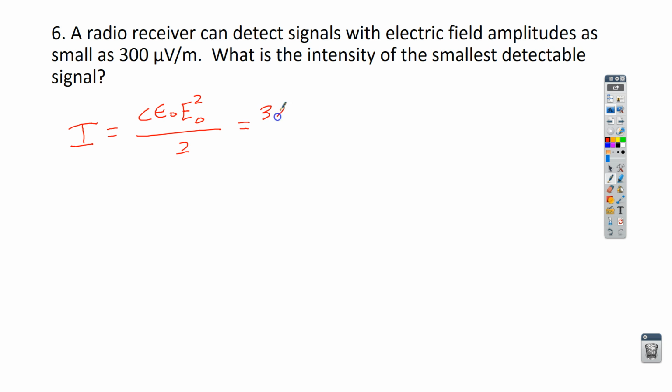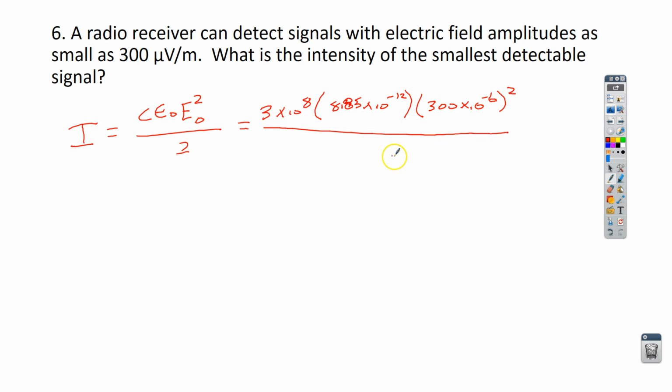That's 3 times 10 to the 8th times 8.85 times 10 to the negative 12th times 300 times 10 to the negative 6th squared. That's the 300 microvolts per meter, and then we divide all that by 2, and you should end up with 1.2 times 10 to the negative 10th watts per square meter.